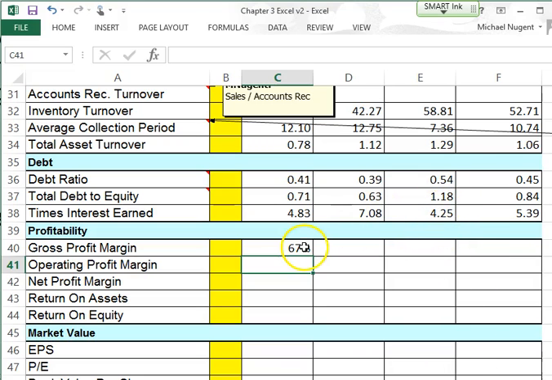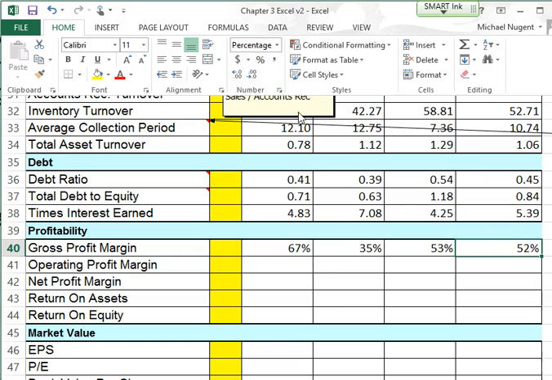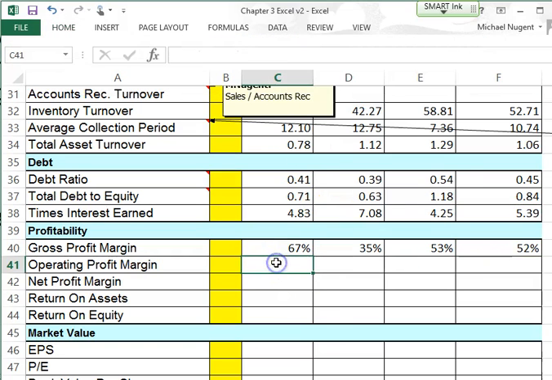Did anybody calculate Wendy's? Yeah. 35%. And do you have Yum? Okay, so McDonald's has the highest profit margin.